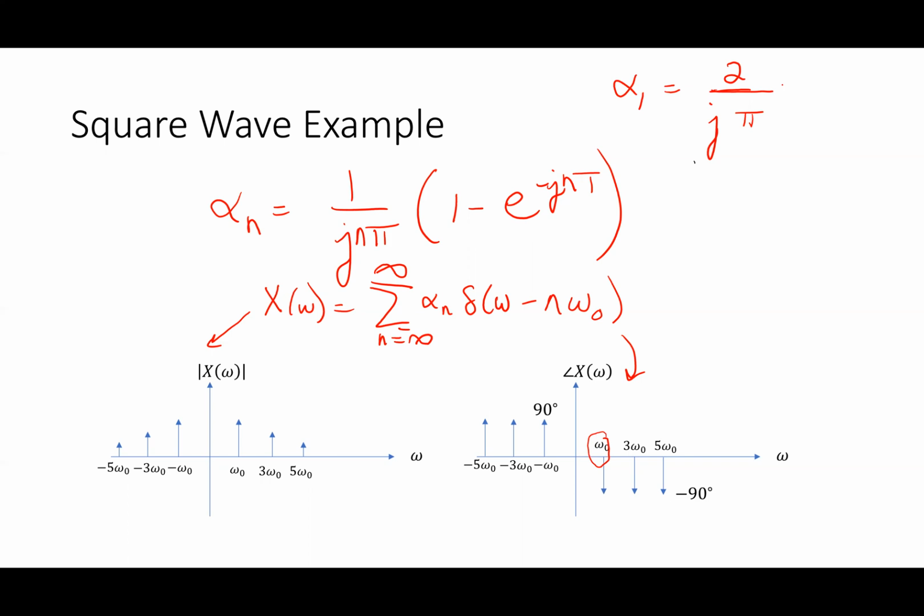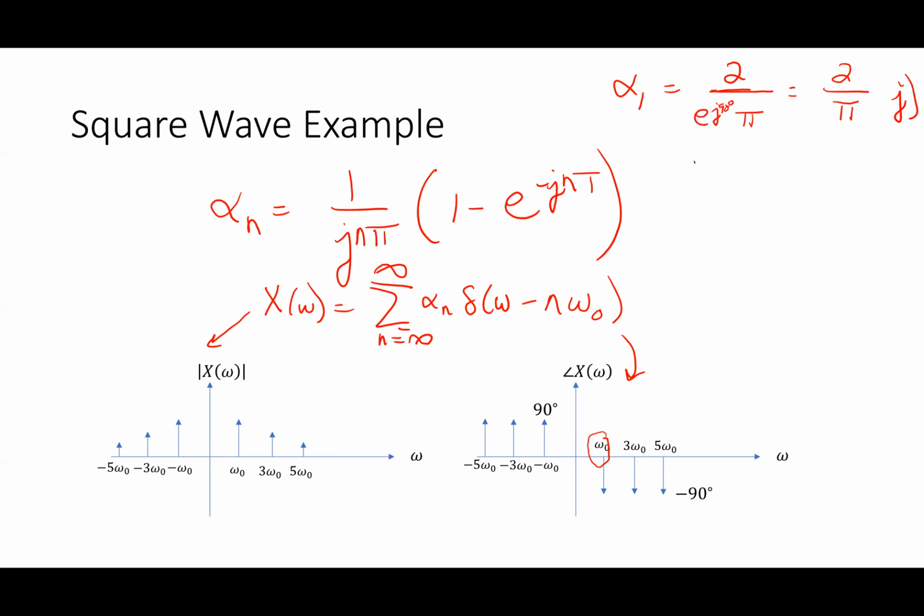Okay. So I said the angle of that's negative 90. How can I tell the angle of that's negative 90? Yeah, this guy is the same as 2 over pi times negative j, right? j in the denominator. So the way I can see that is I say this is an e to the j 90.